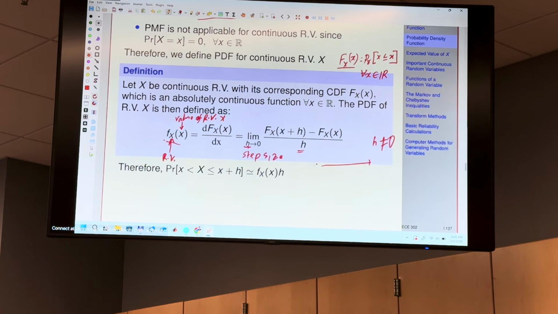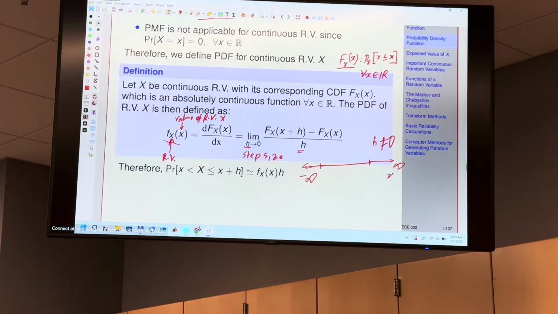So this represents x, on the axis from negative infinity to positive infinity. Then we have this small step size h, the limit as h tends to 0, but not exactly 0.